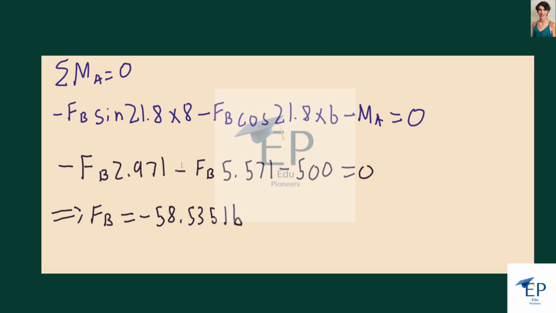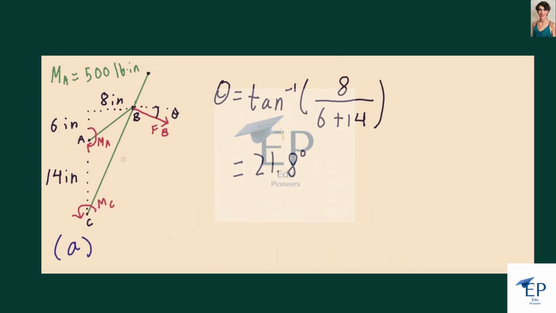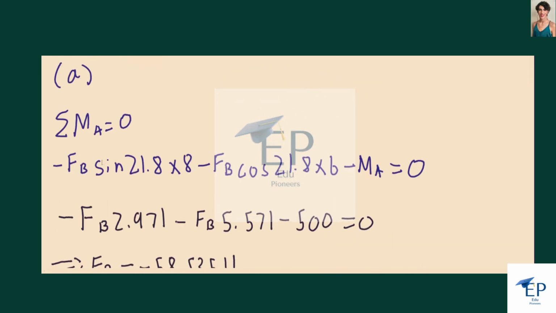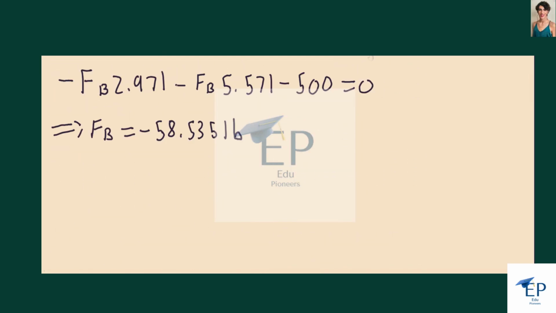And next we're going to find the y component of the force that's acting on point A. So to get that force, which we'll call A of y, this is going to be equal to F of B times the sine of 21.8.